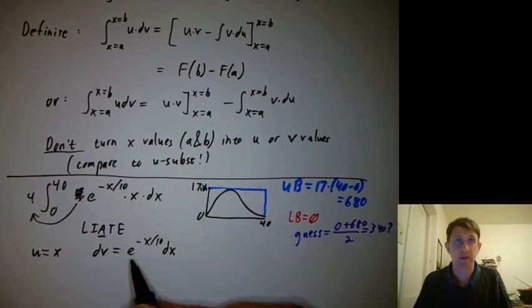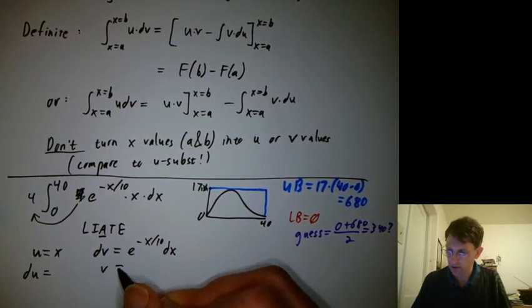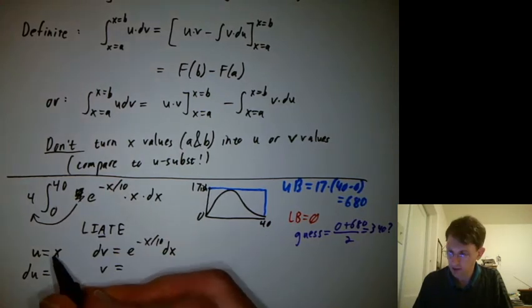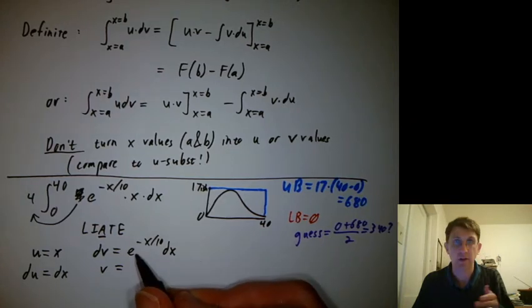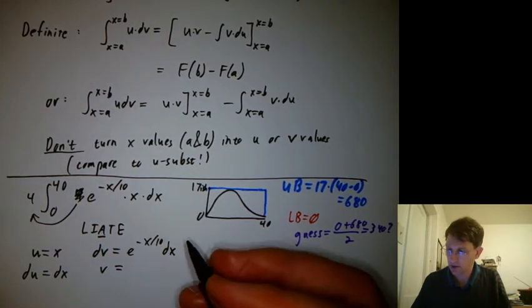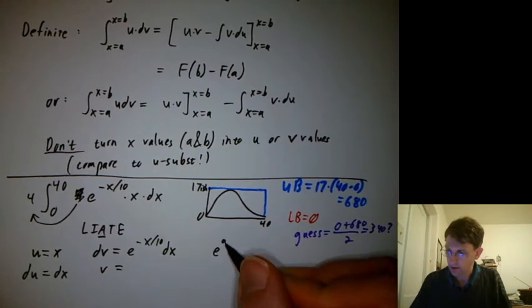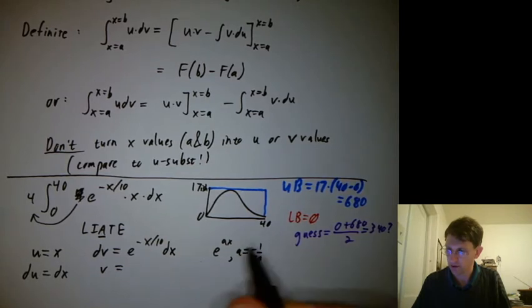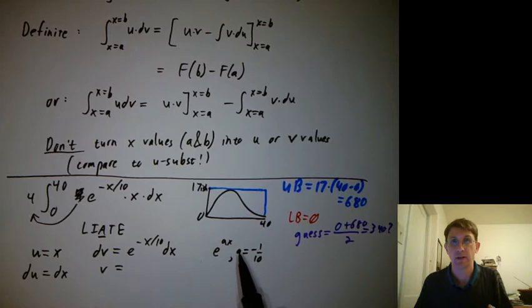So what's the next step here? Figure out du and v. So go ahead and do that before I do it, just to exercise your brain. du would be dx. dv, what's the integral of e to the negative x over 10? Well, you could write this as e to the ax with a equaling negative 1/10, right? Negative x over 10 is like multiplying x by negative 1/10.